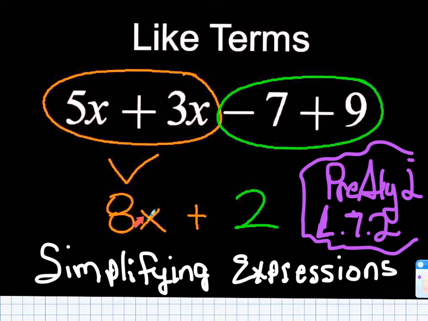They can be added together. And the 5x and 3x are also the coefficients. 7 and 9 here are constants, and negative 7 plus 9 is 2. So this whole lesson is going to be about simplifying expressions using like terms, coefficients, constant terms.